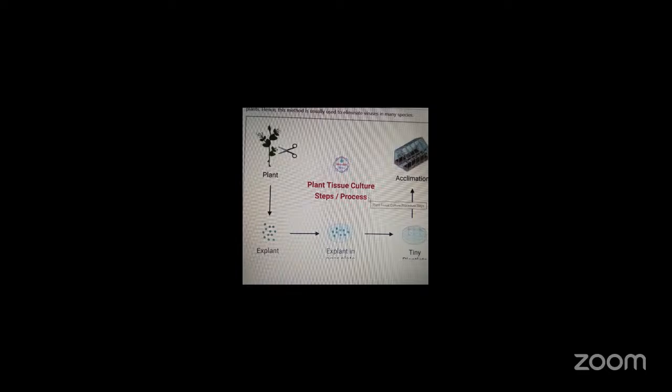The relative humidity outside the vessels is often significantly lower than the humidity inside the vessels. Once the plants are acclimatized under greenhouse conditions, they are ready for transfer to the field.